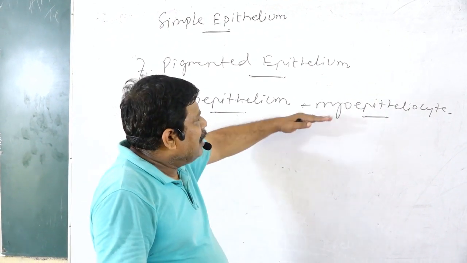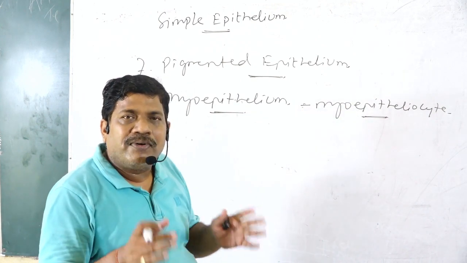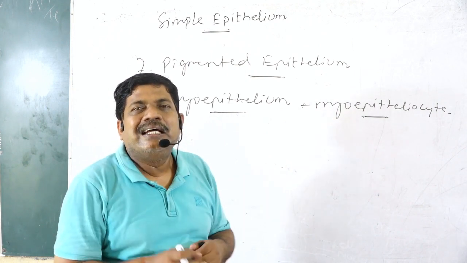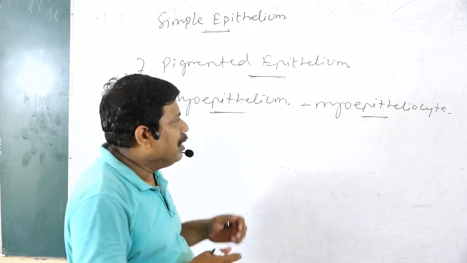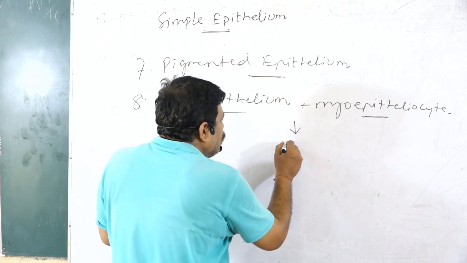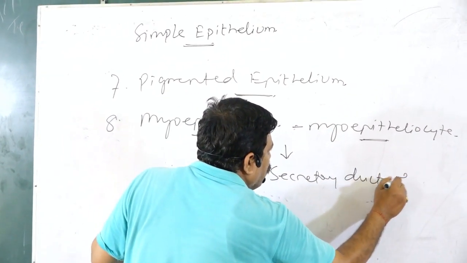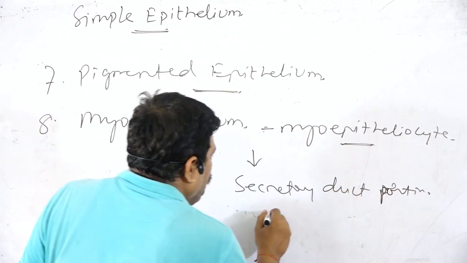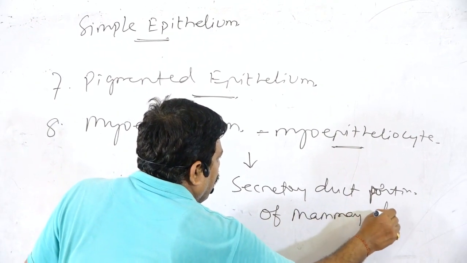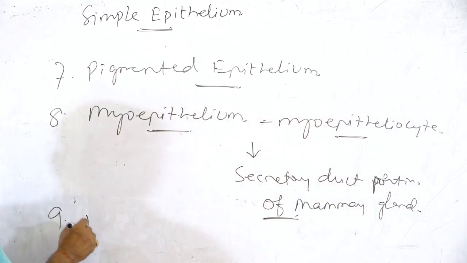Like that, certain epithelial cells called myoepithelium also have that ability to contract and relax like the muscle cell, and are present exclusively in the secretory duct portion of the mammary gland. That is myoepithelium.